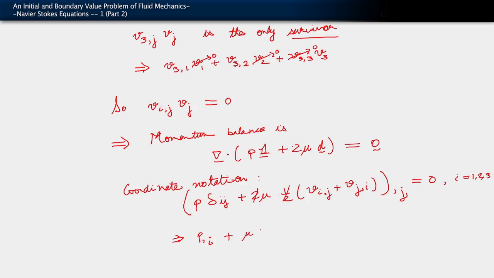We have mu times Vi comma jj plus Vj comma ij.